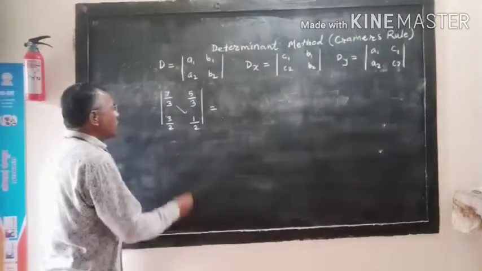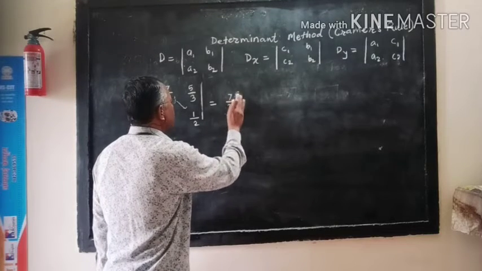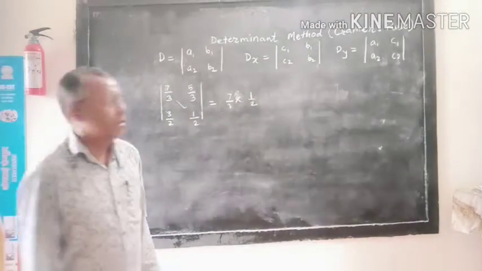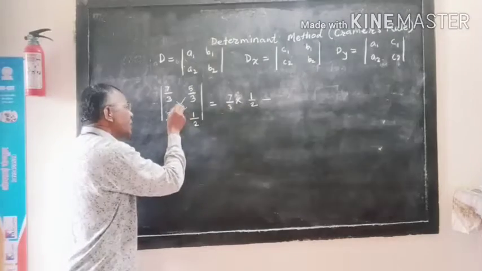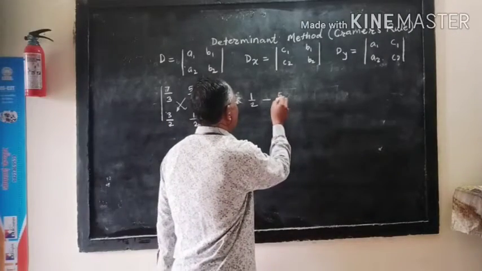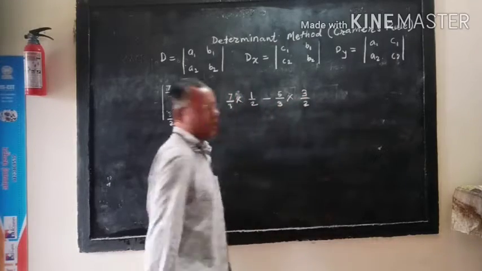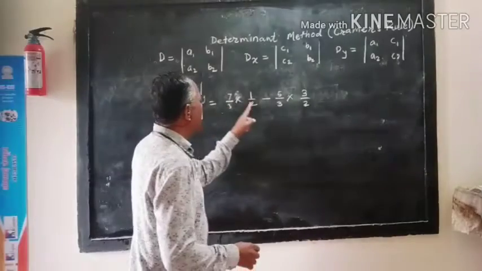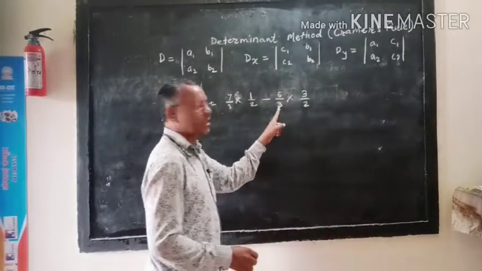That is here 7 into 7 by 3 into 1 by 2. And there will be a sign minus here. And in the next step, you have to multiply this 5 by 3. That is here 5 by 3 multiply 3 by 2 in this. If in the cross, in this way, see here, there is a sum here.